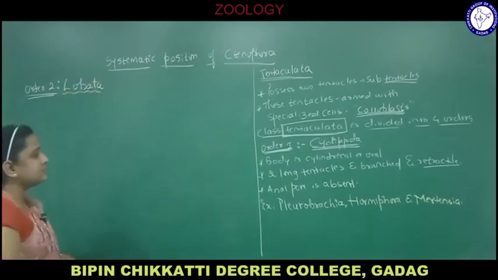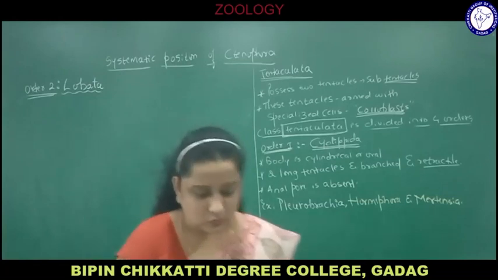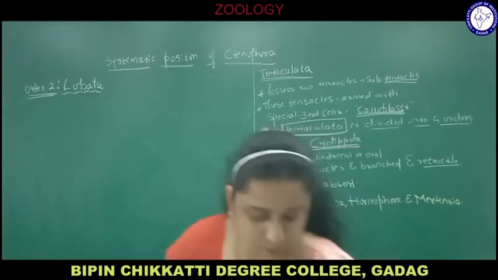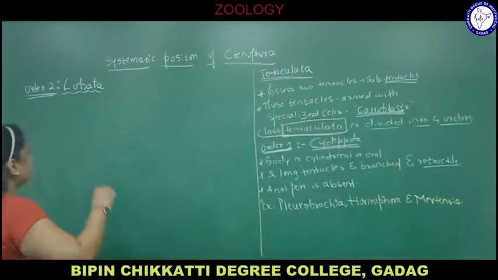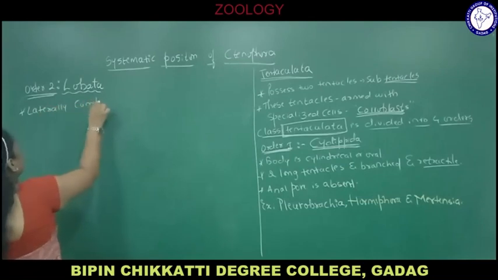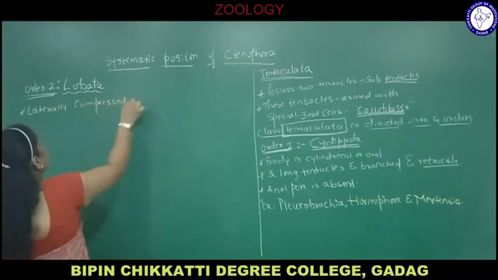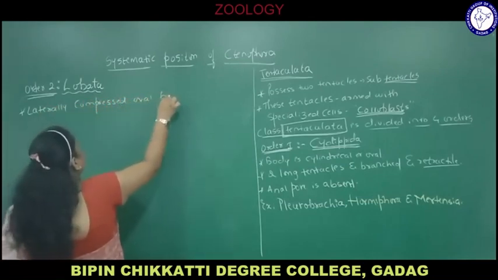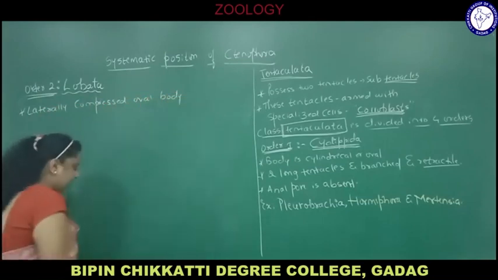So first order is Pseudipida, order number 2 Lobata. Laterally compressed oval body. Now, what do you mean by lateral side?